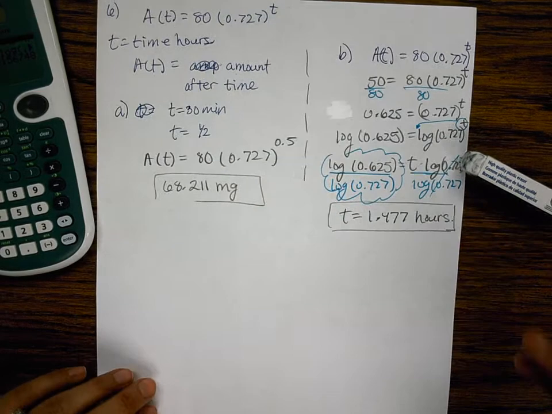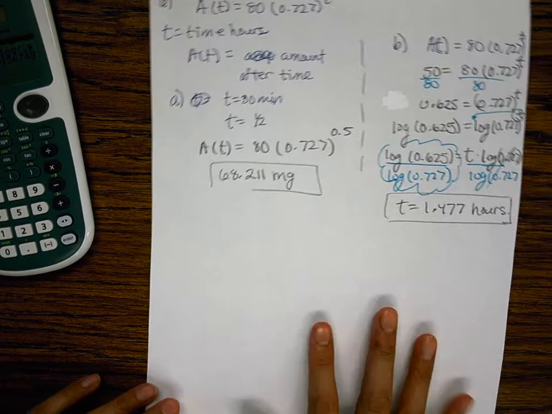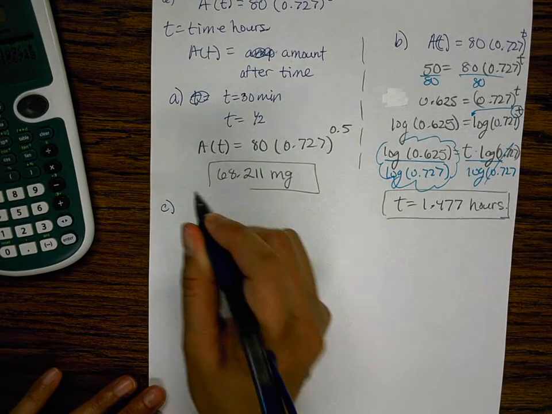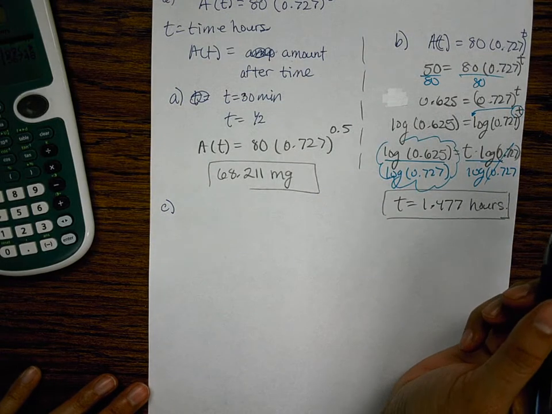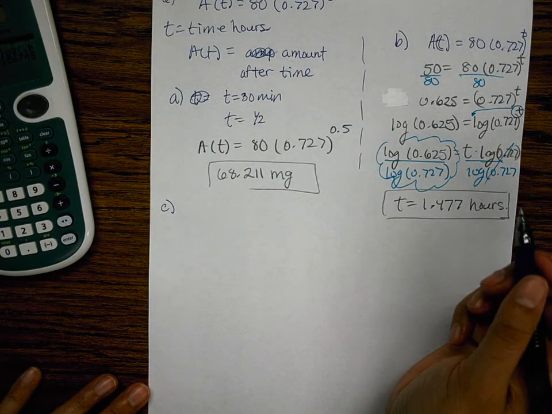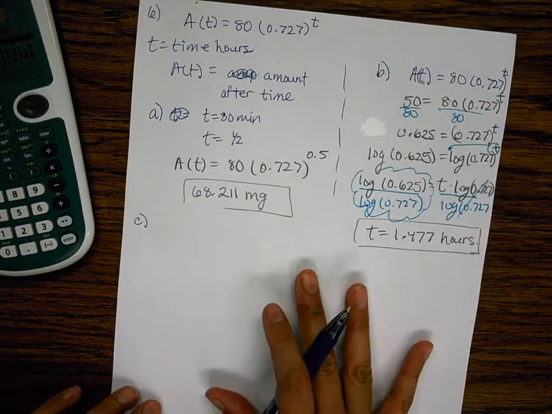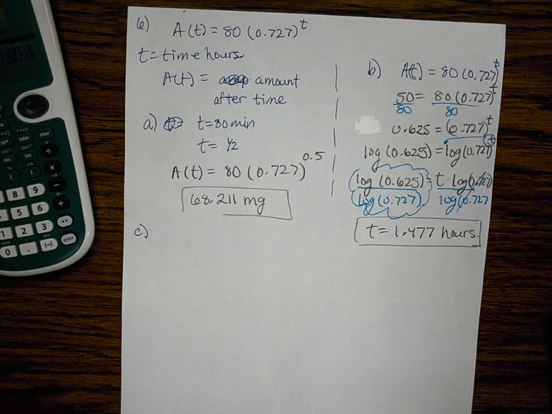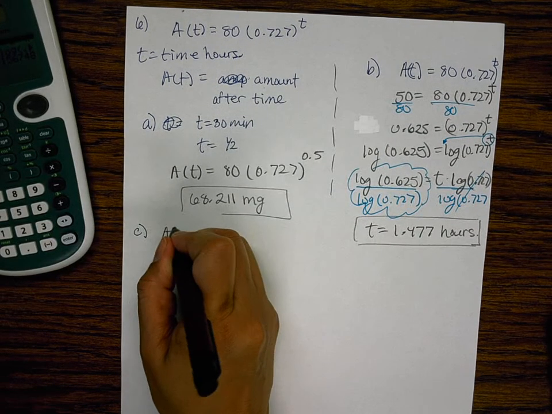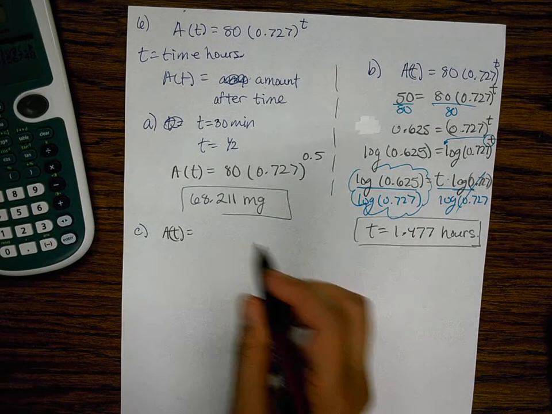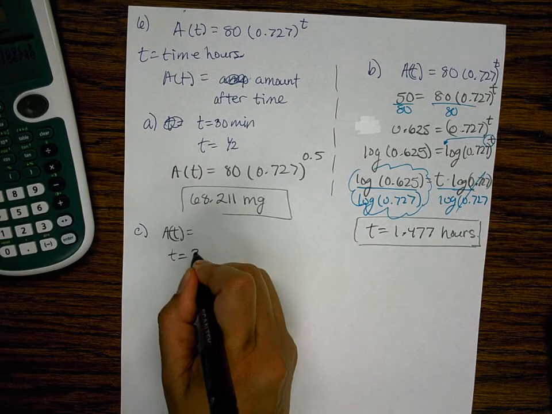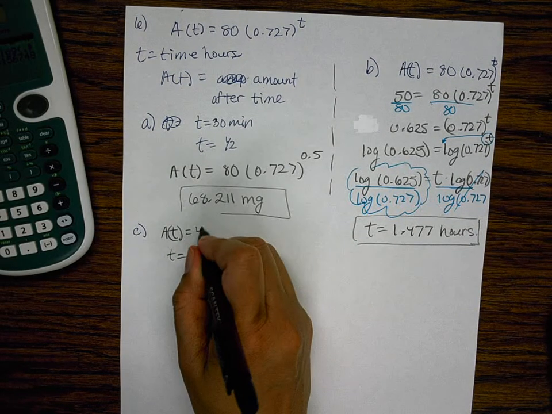Okay. Part C: to the nearest minute, what is the half-life of this anesthetic? Remember, half-life is the amount of time it takes for you to end up with half of what you started. A of t is your ending amount, so you're looking for the amount of time it takes for us to end up with half of what we started.